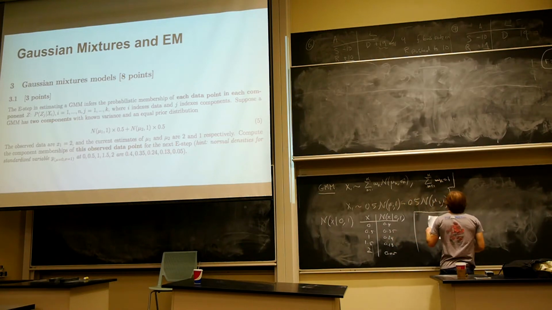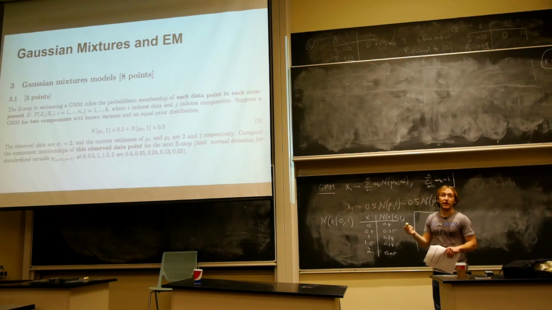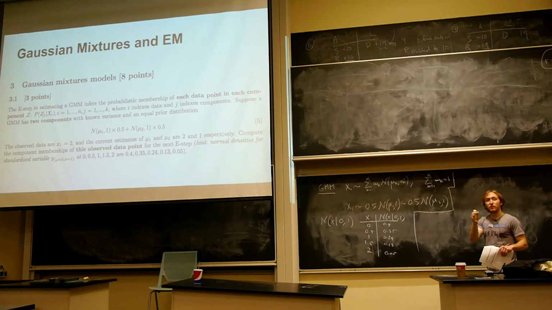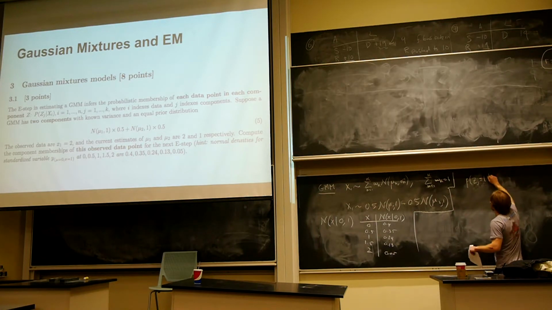Now what we want to compute is the probability of zj given our x value, which is equal to 2. Keep in mind zj could be either 1 or 2, two different classes, because this is a discrete assignment variable. So let's start by computing the probability that zj is equal to 1, given that xi is equal to 2.